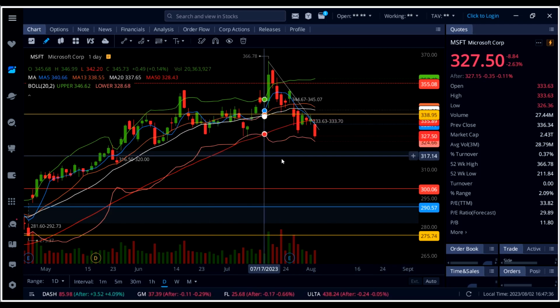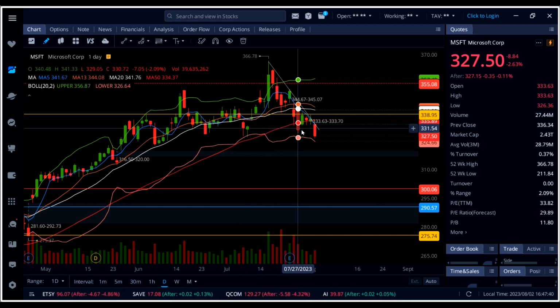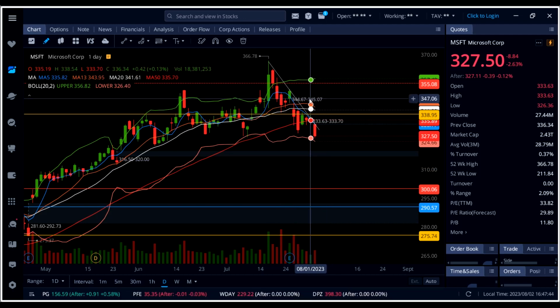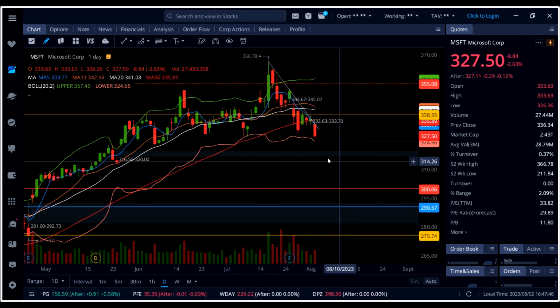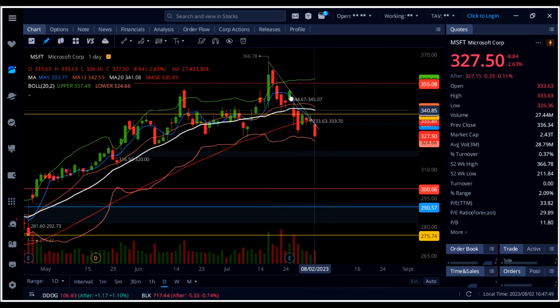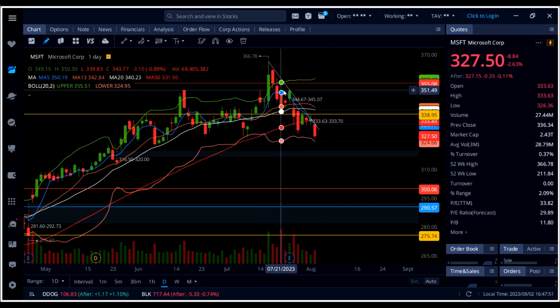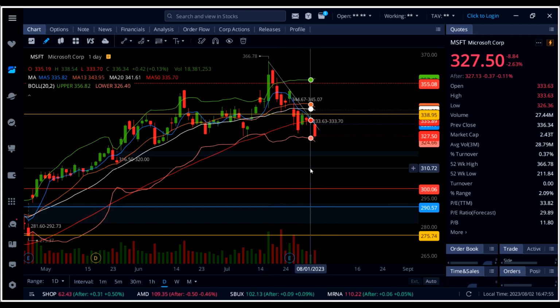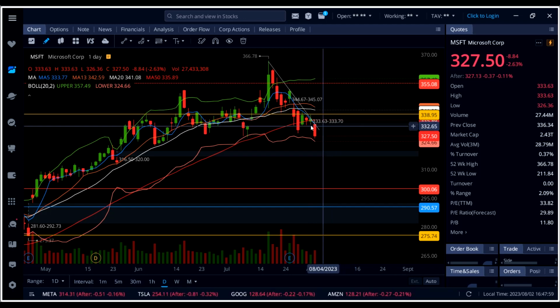Once we get up above this level, that's going to be a breakout from this downtrend on Microsoft, and we're going to see more upside, up to even 345. But it's not out of the woods yet. Definitely this is a strong downtrend now on Microsoft, and Microsoft can go lower after getting a small, tiny bounce, possibly up to 330 to 333.70, to this gap on top.